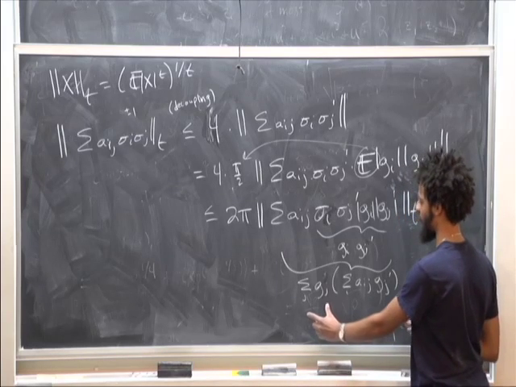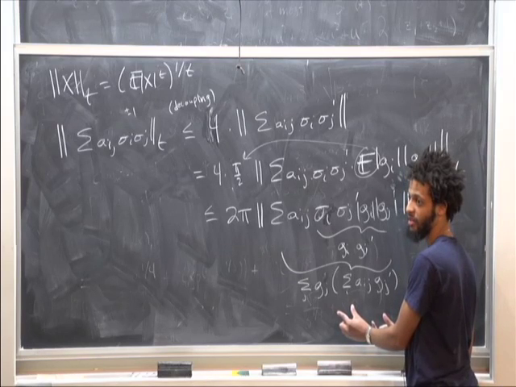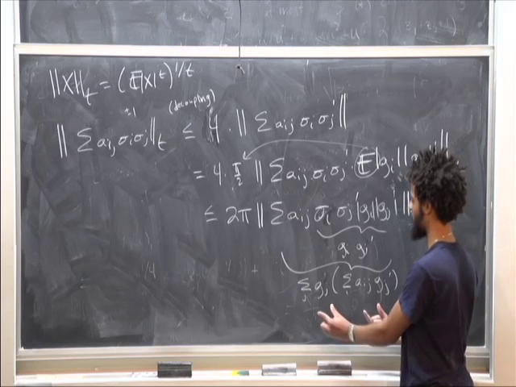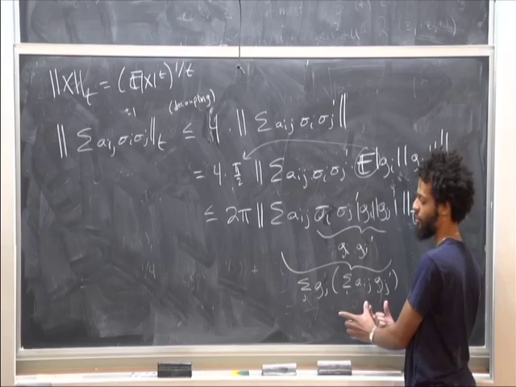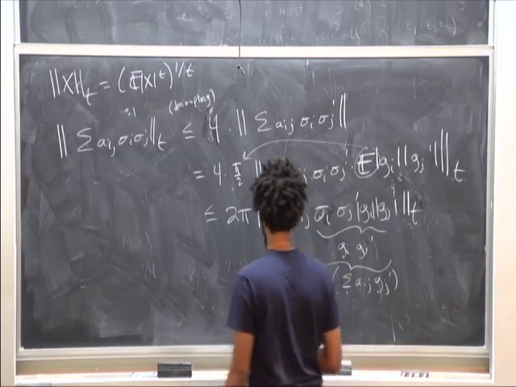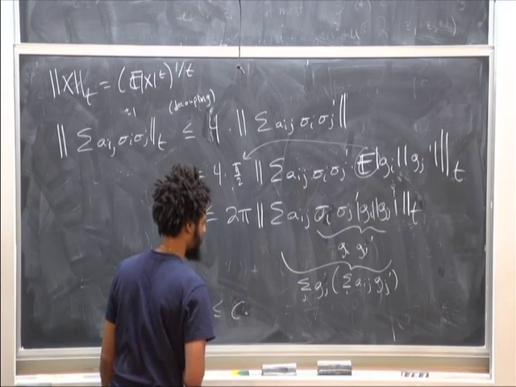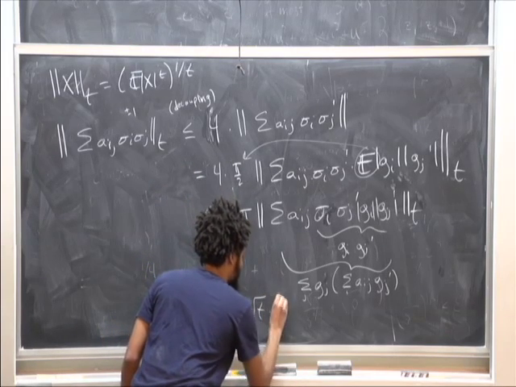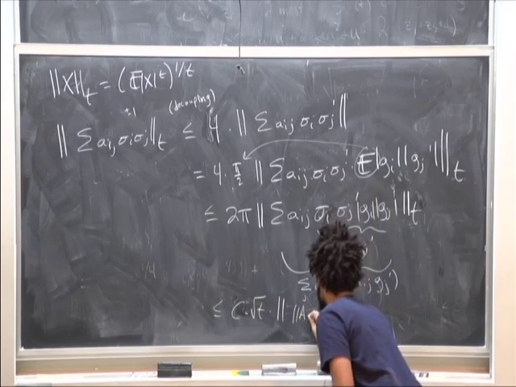So I can treat it as just a Gaussian dot producted with a vector. I can view this as a linear form, right? And then Khinchin's inequality tells me that the t-th moment is like the L2 norm of this times root t. So that's at most some constant times root t times the L2 norm of this. This is just ag, the vector ag.